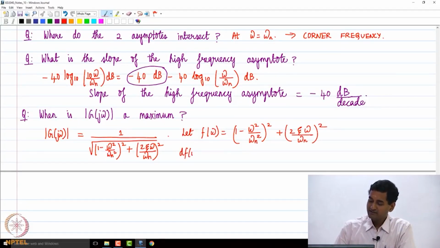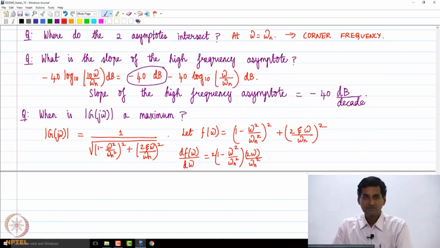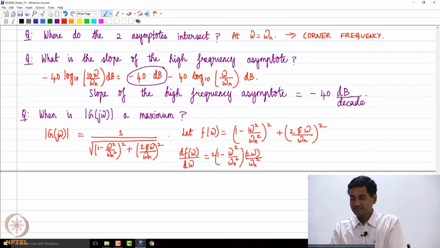Now if we take the first derivative of f(ω) with respect to ω, what do we get? We get 2 times (1 minus ω squared by ωn squared) times 2ω divided by ωn squared. Then I have a minus sign, because when I take the derivative of the term within the square, I will get a minus sign.